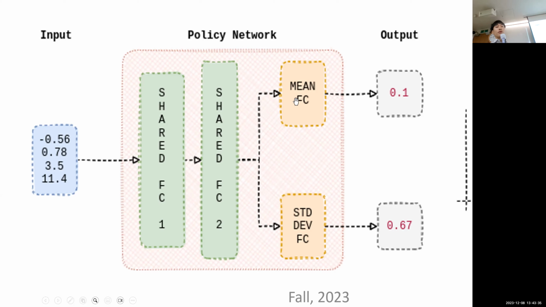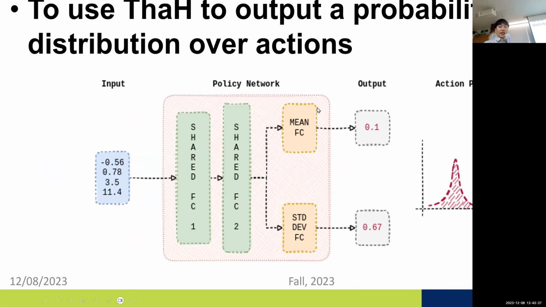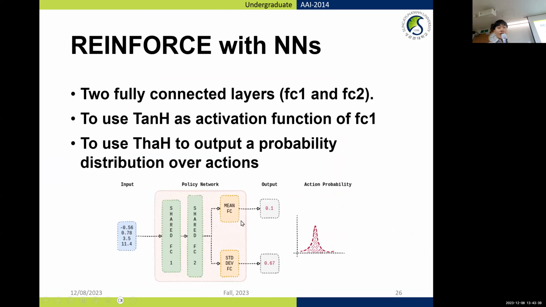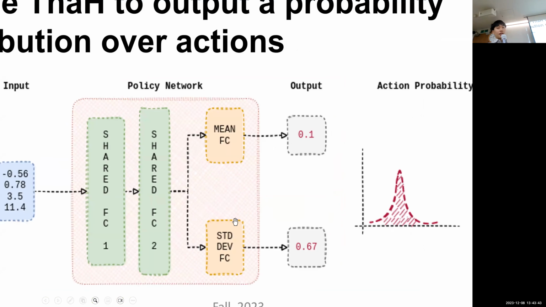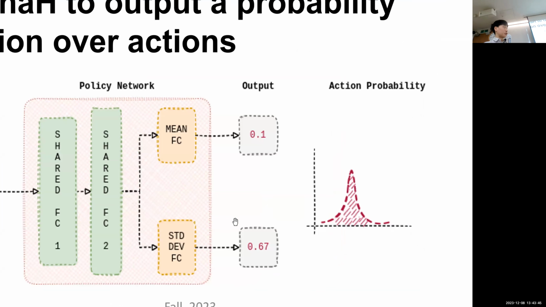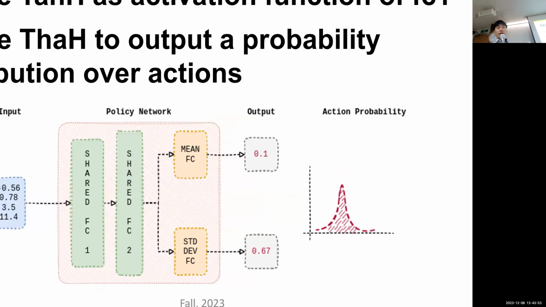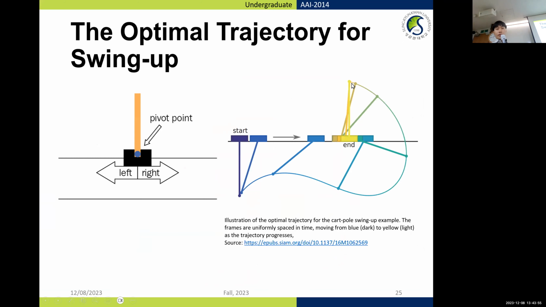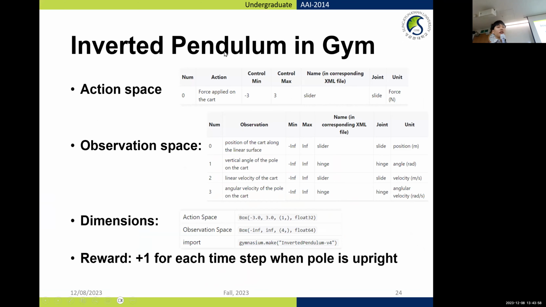One thing is that we generate an action probability distribution instead of the probability for each action. Why? Because in this inverted pendulum case the action space is continuous.